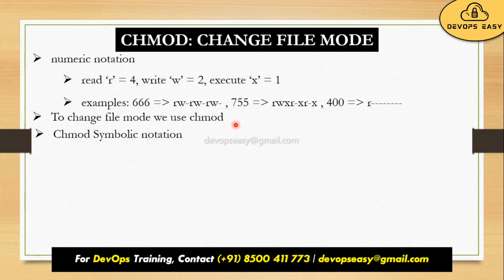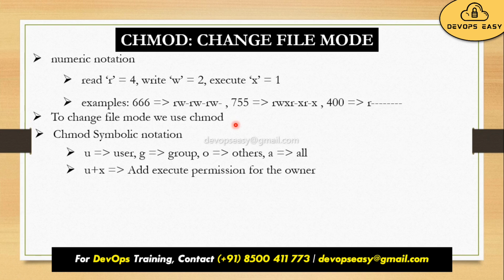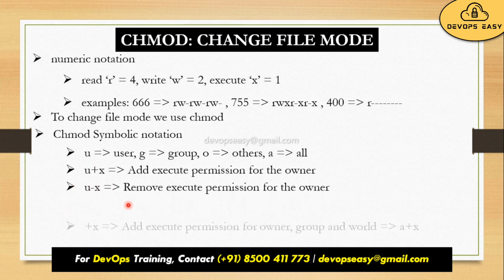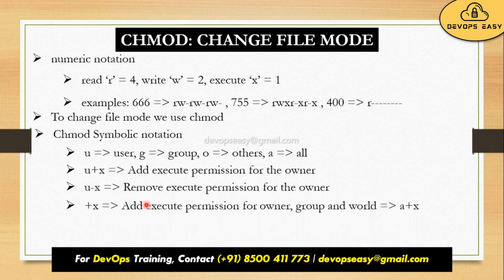To change a file's mode we can use chmod. Here u is user, g is group, o is others, a is all. If you give u plus x, the user will have execute permission. u minus x will remove the execute permission from the user.